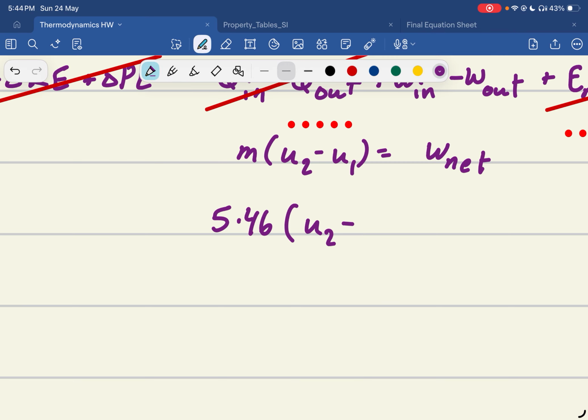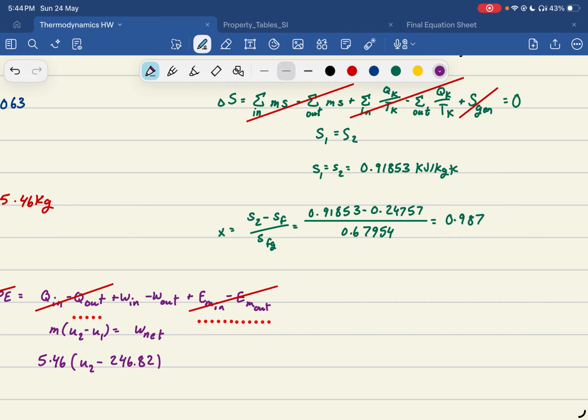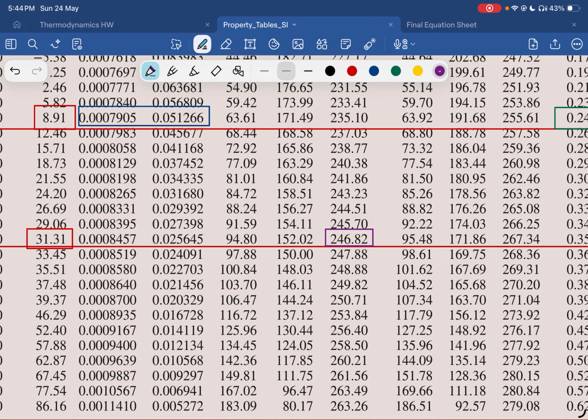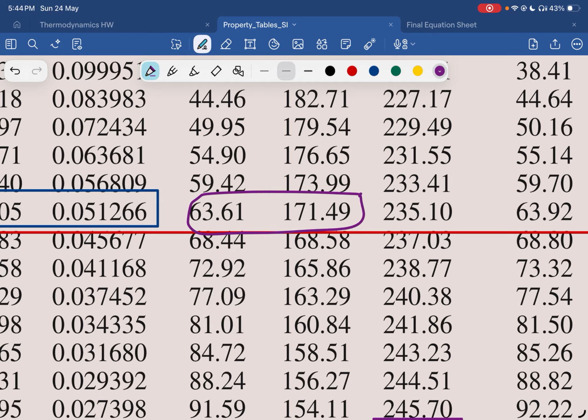From the quality, U2 is 0.987 times UG 171.49, plus 63.61.